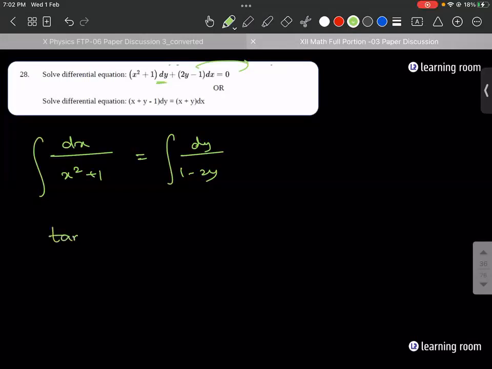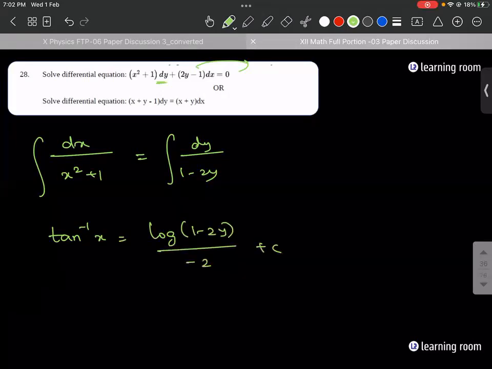You will get tan inverse x is equal to log of (1 minus 2y) divided by minus 2 plus c. Correct? Am I clear? Actually, it's a simple problem.